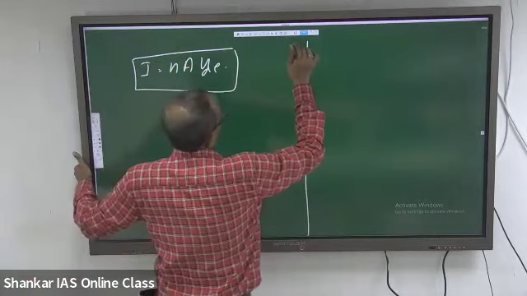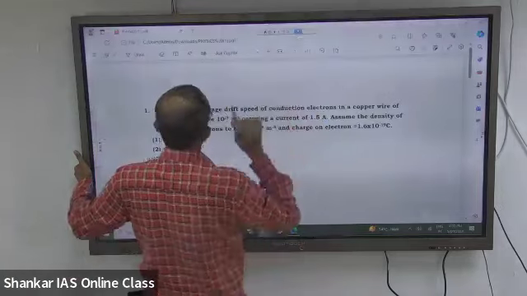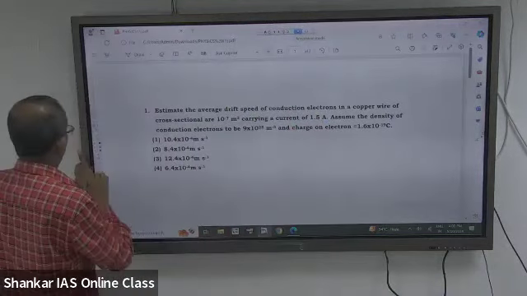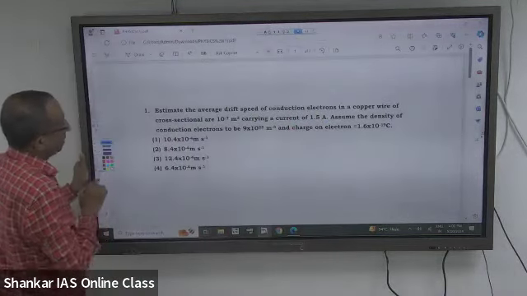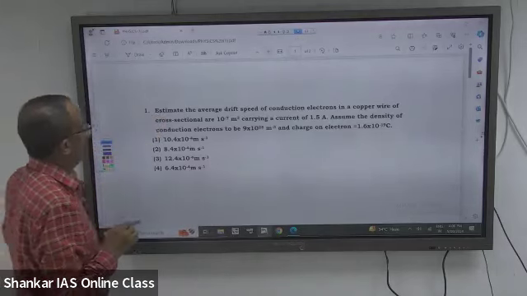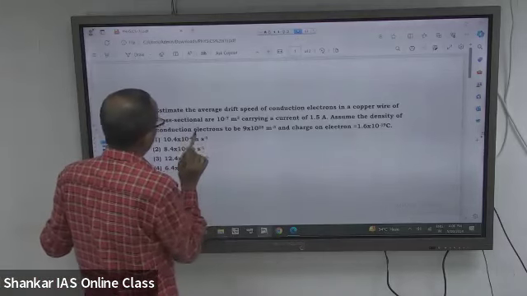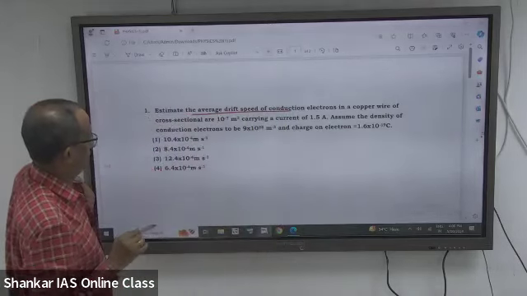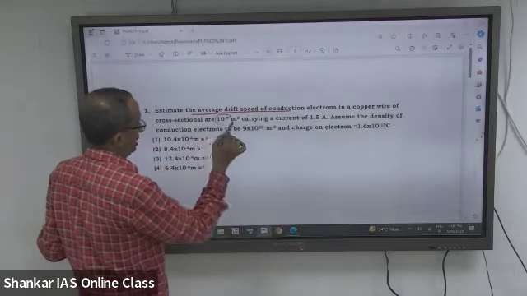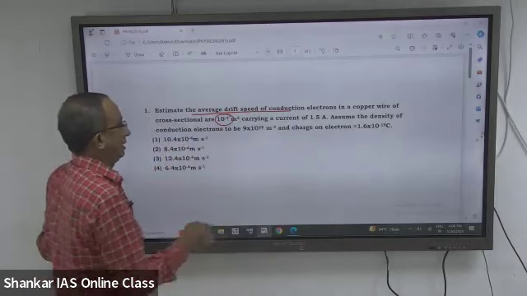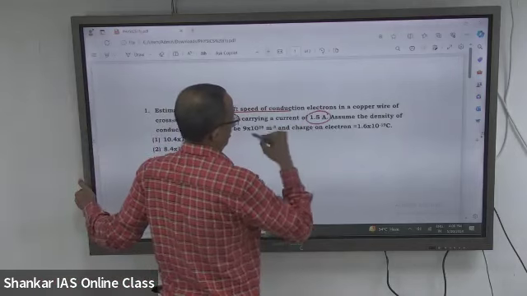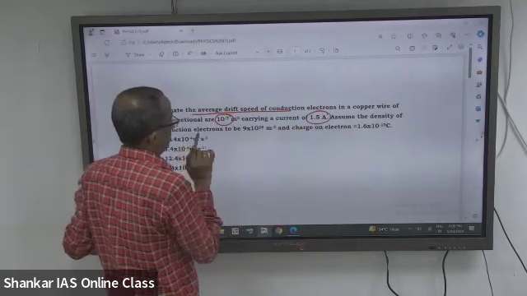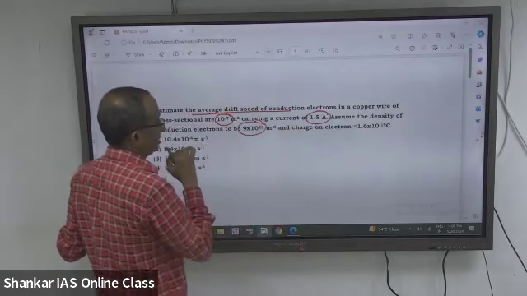Now we will go to the numerical part. We are going to estimate the drift velocity in a copper wire. Cross-sectional area is 10 raised to minus 7 meters squared. Current flowing is 1.5 ampere. Density of conduction electrons is 9 into 10 raised to 28.